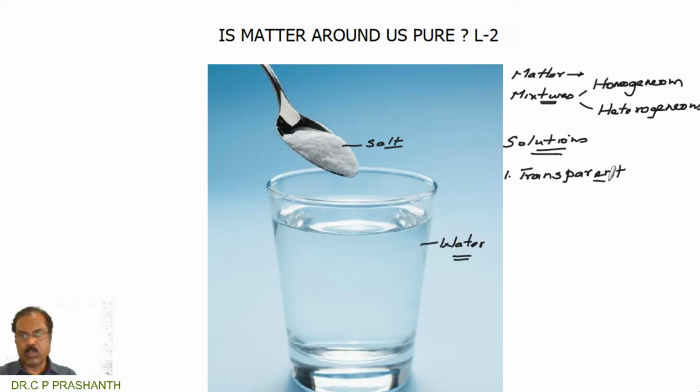Obviously, you can see the solution is transparent. Light can easily pass through it. Can we see the particles inside? We cannot see the particles inside because particles are not visible. They are not visible because the size is extremely small.